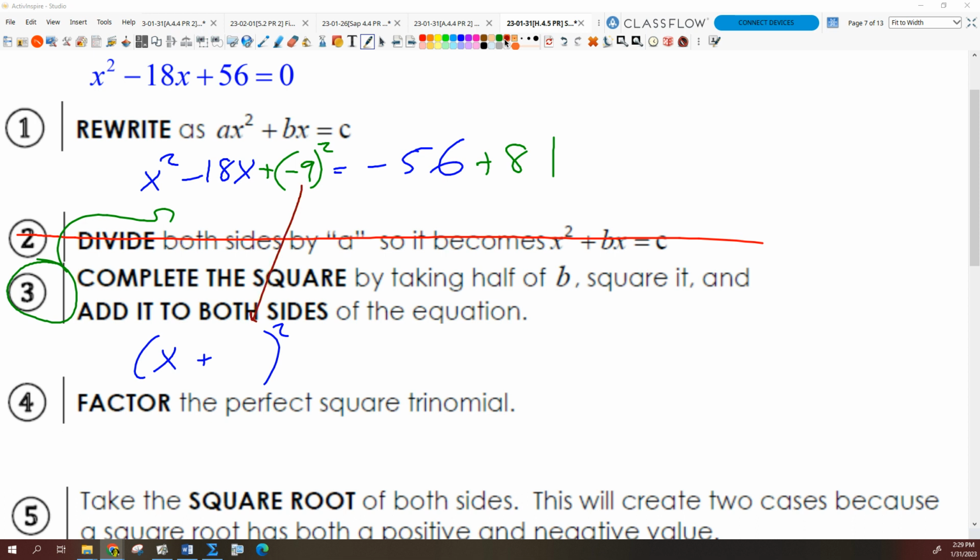Yeah, look, it's the negative 9, right? Right? Whatever number you're squaring there is the number that's going to get combined with x. Okay, so right? And then on the other side, that's just equal to whatever negative 56 plus 81 is. Isn't that just 25?